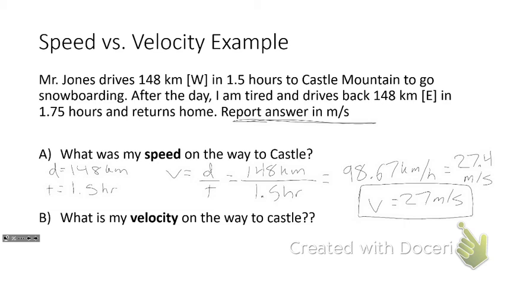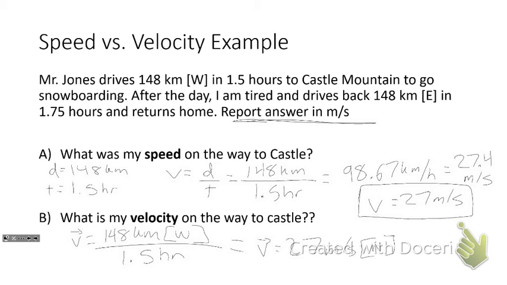So my displacement is still 148 kilometers west, and my time is still 1.5 hours, right? So my velocity is going to be the same value, but my direction will be included as well.